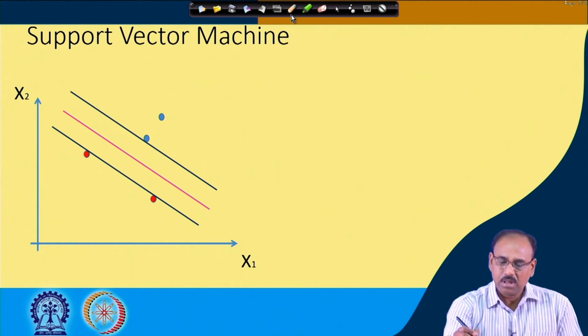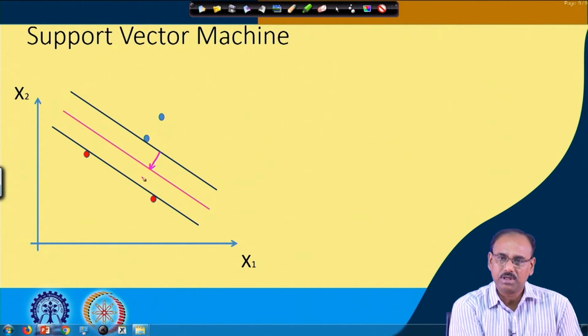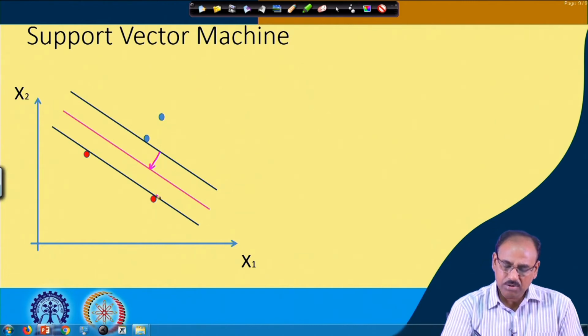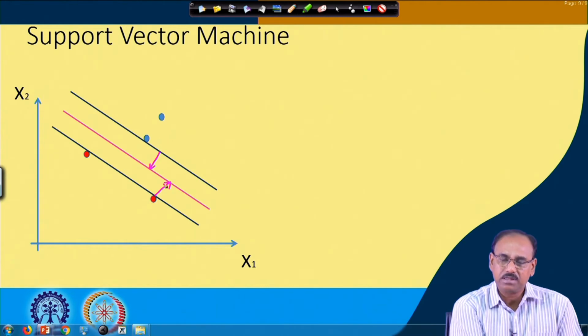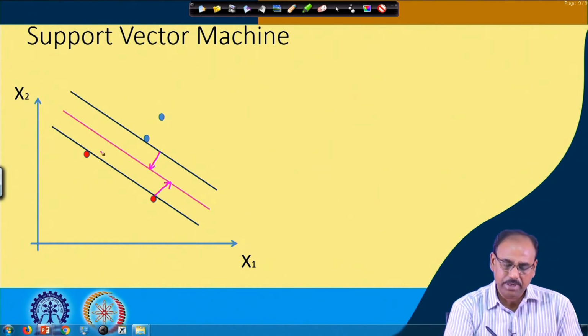That means it should try to maximize the distance of the separating plane from the vectors belonging to class omega 1, and it also tries to maximize the distance from the vectors belonging to class omega 2. So, I should try to obtain that particular separating plane which maximizes this margin.